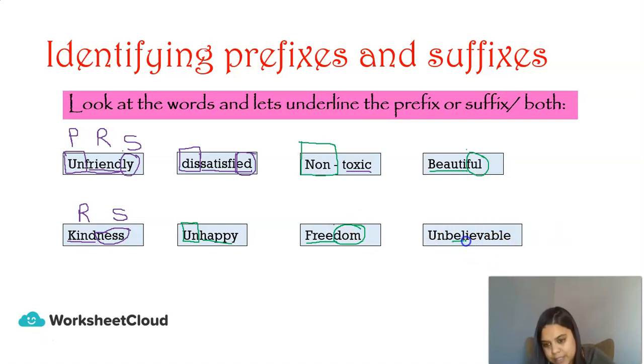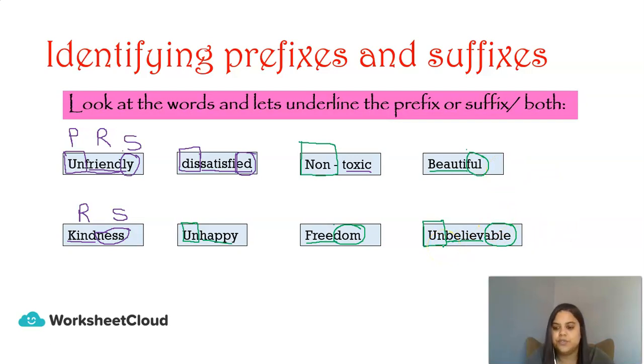So believe would be my root word, and I have a suffix and a prefix in this word. So un is my prefix, which was added to the front of the word believe, and able is my suffix, which is at the end. So my prefix is un, able is my suffix.